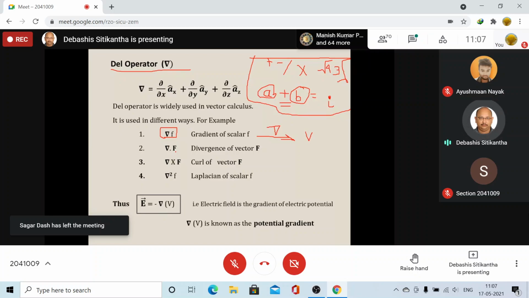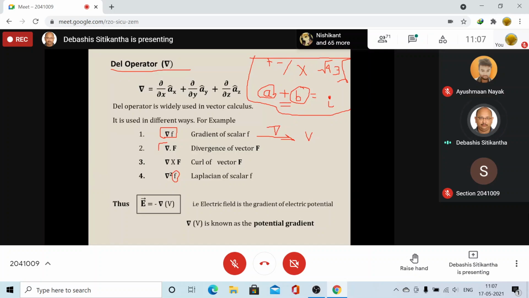Similarly, I have another type of operation, del cross f. Over here, f is again a vector quantity, which results in a vector quantity. So curl of a vector is written as del cross f, and remember, curl of a vector quantity f is always a vector quantity. Last one is your del square f, and this is known as the Laplacian of a function. And this f, always remember, is going to be a scalar quantity.